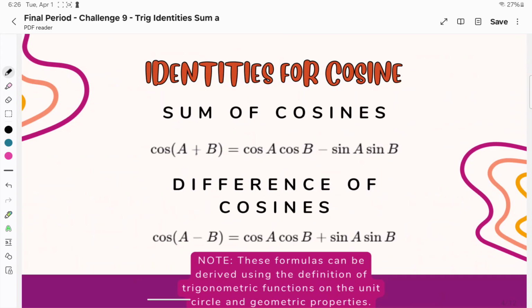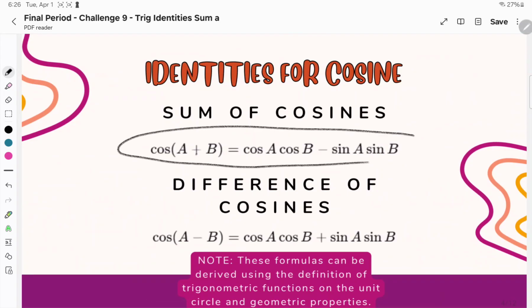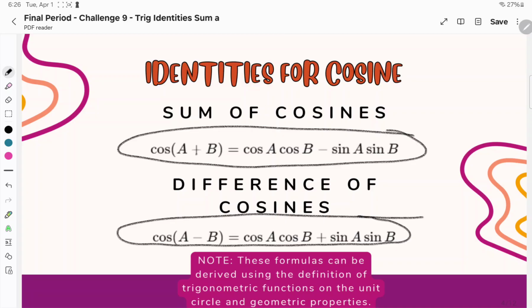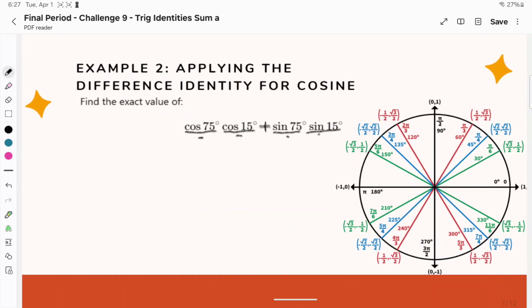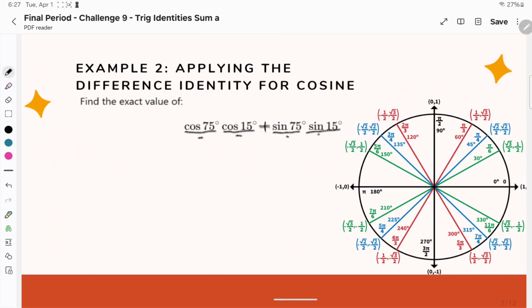I'm gonna go back to my formulas, and here I have the cosine of a sum, I'm sorry, and the cosine of a difference. So in my case, I had a plus, so we're looking at this formula, okay? We're gonna notice that in our example, this would be A, this would be B, this would be A, this would be B. A is always the first angle, and B is always the second angle.